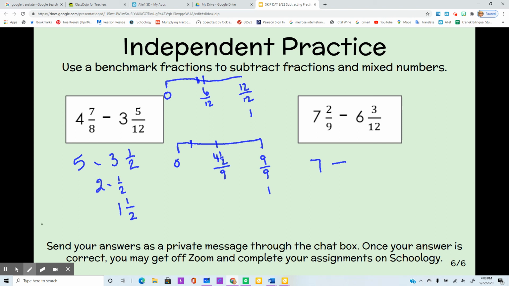So 3/12 is right there. I would say it's closer to 0 because I need 3 more to make a half, and I need 9 more to make a whole. So I'm just going to keep that one at 6, and it's about 1. So your answer here is 1. Your answer over here is 1.5.